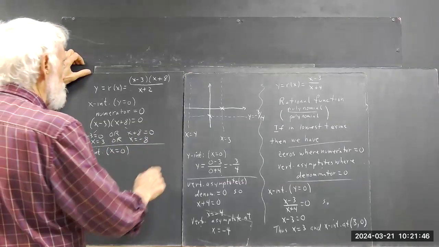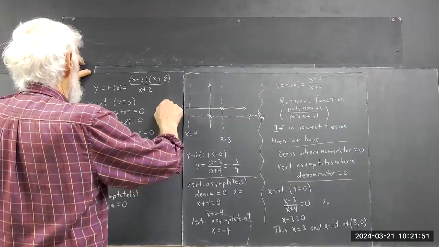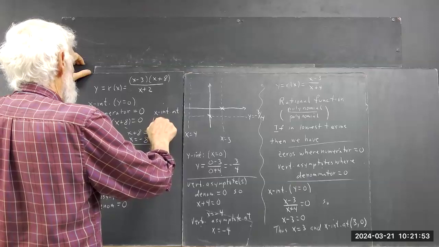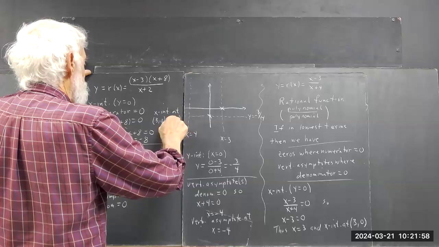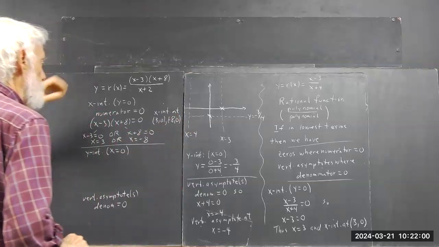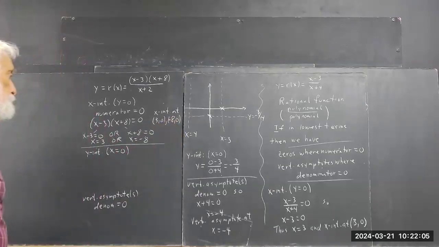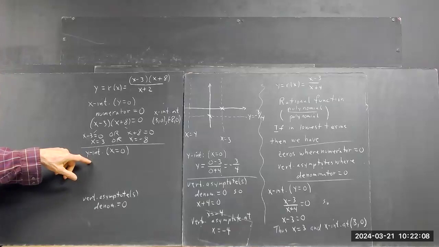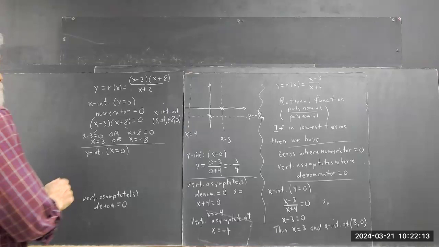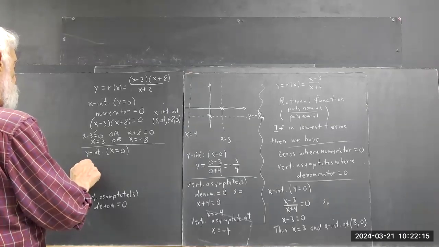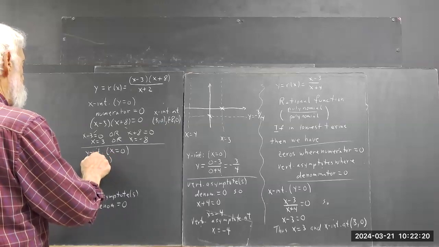So the x-intercepts end up being at 3, 0, and at negative 8, 0. Get the y-intercepts. Y-intercepts occur when x equals 0. So we get y equals 0 minus 3.